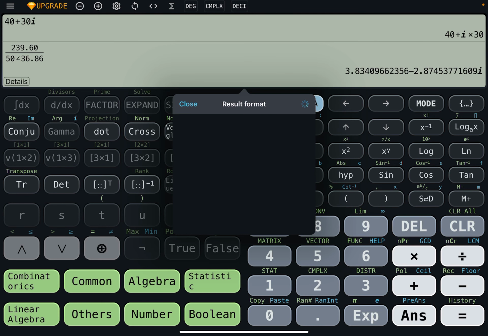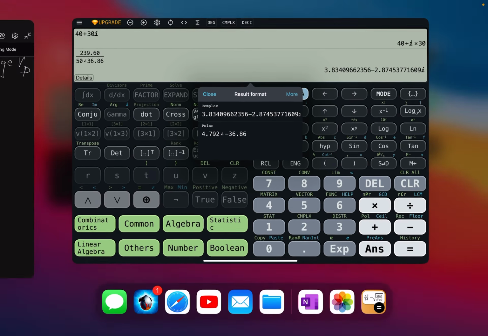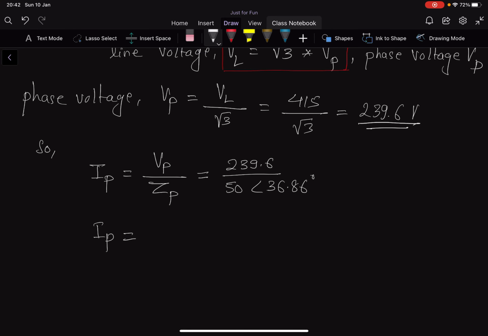We don't want the result in rectangular format, we want it in polar format. So this is our answer in polar format, 4.792 angle minus 36.86 degrees, and that's in amperes. So that's the current which we have just calculated.